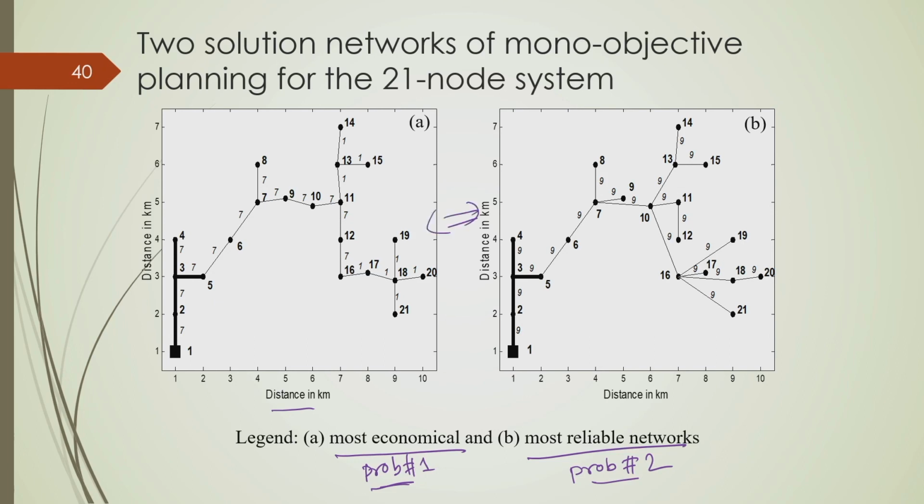Here you have more branching, which reduces the dependence of one node on another. Also the conductor sizes are different. Here conductor type 9 is used, so that we have a more reliable network. Whereas in the most economical system we have almost a shortest path network, meaning that the total cost it incurs will be less.